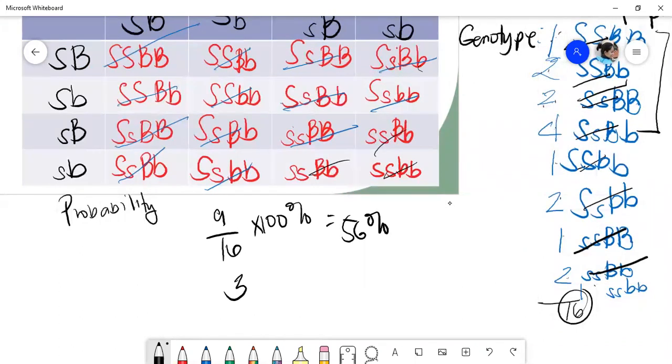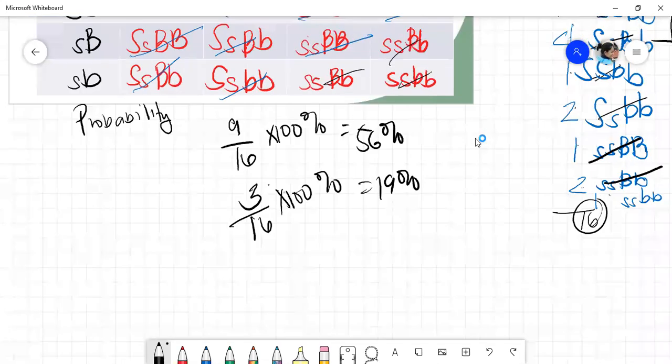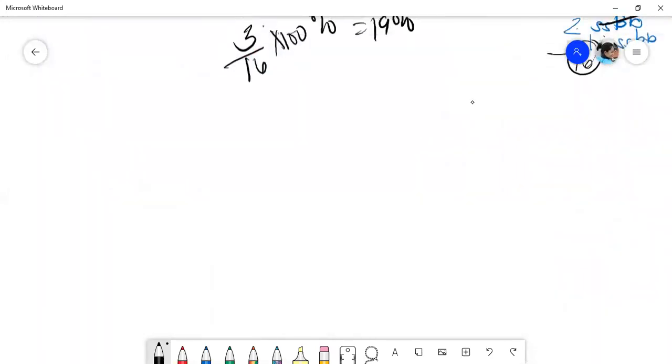And then, the probability of getting spotted orange, 3 divided by 16 times 100, that is 19%. The same way with plain black-eyed. So, 3 divided by 16 times 100%, that is 19%.